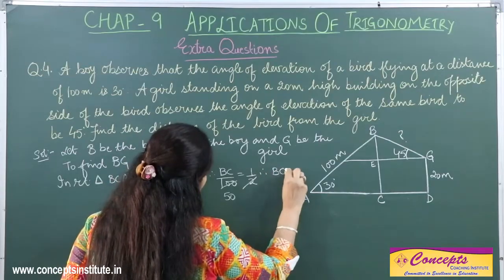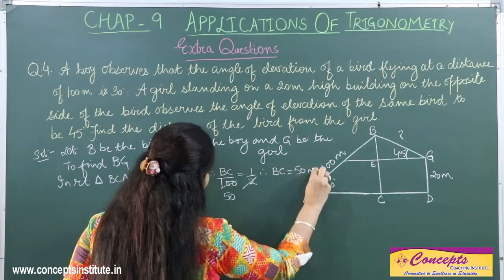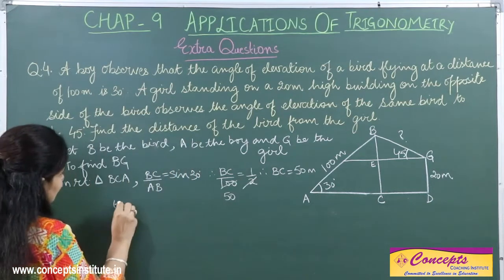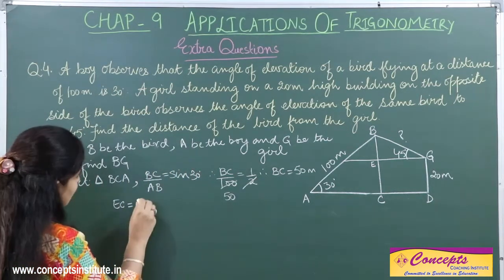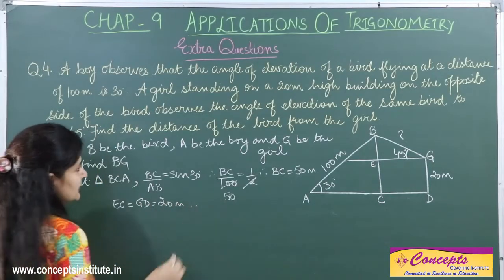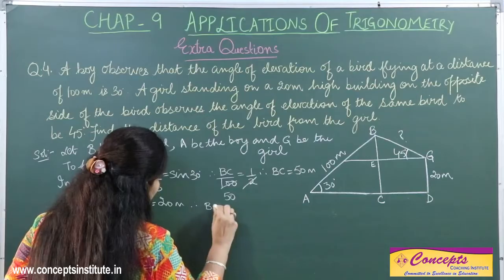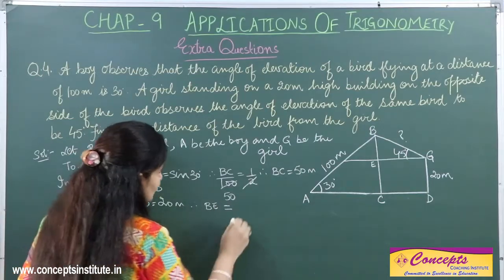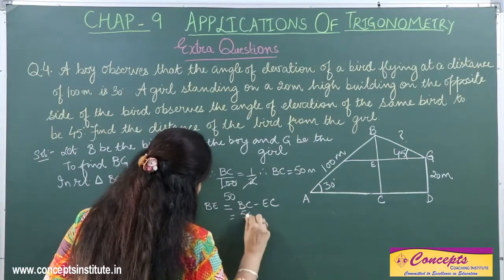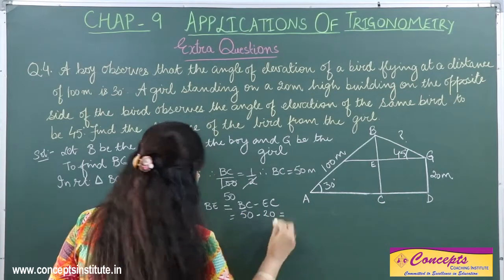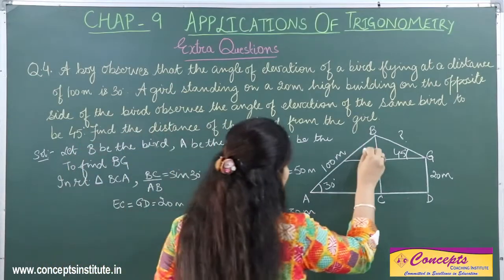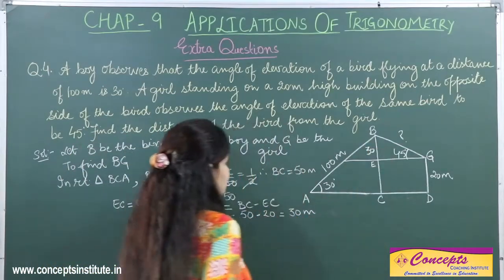So therefore we get BC as 50 meters. Now if BC is 50 meters, so we know that EC is same as GD, which is 20 meters. So therefore BE would come out to be BC minus EC, that is 50 minus 20. So this would be 30 meters. That means BE I have calculated to be 30 meters.